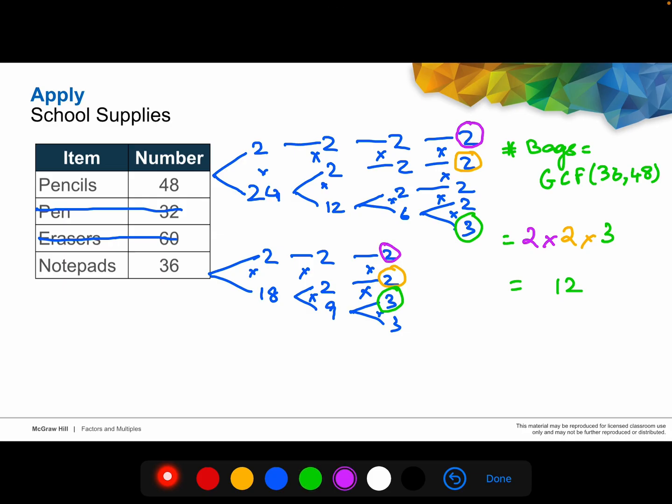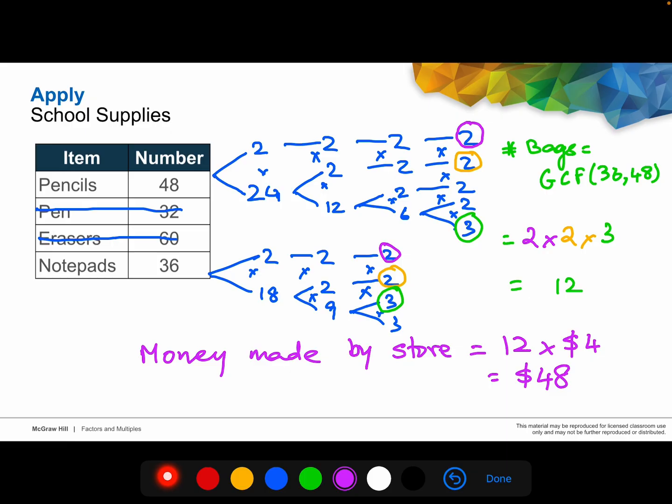So now I can say money made by the store. Remember, that's what we needed to find out. That's 12 times $4, that's $48, right?